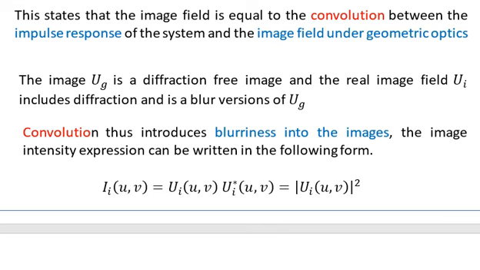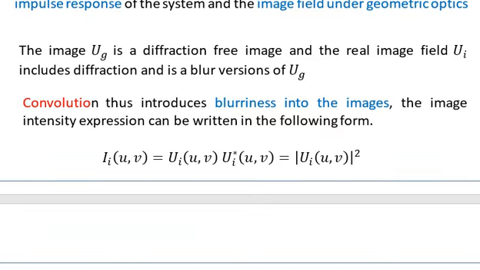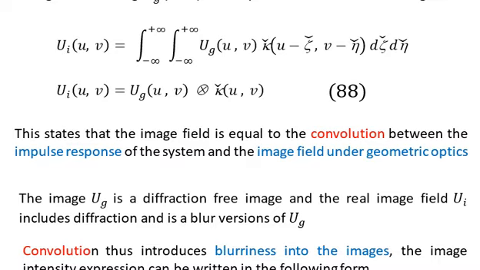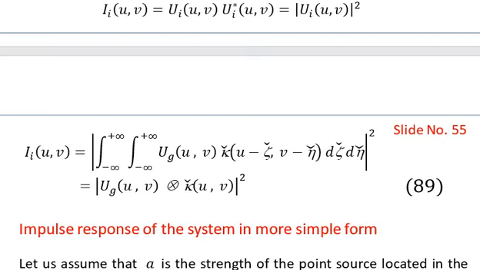If you want to obtain the image intensity, you can write I, with a small i as a subscript standing for the imaging plane. This is the intensity expression, which is equal to the product of u_i multiplied by its complex conjugate, and we can simply write it as the absolute square of u_i as a function of u, v. So calculating the intensity expression from equation number 88, we can simply write the absolute square of the integral there, and also the absolute square of the symbolic form of that expression.